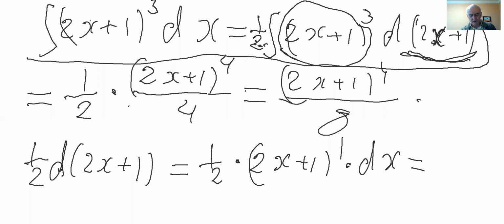The derivative of 2x plus 1 is just 2. And 2 times 1 over 2 is 1. So I have here dx. Do you agree? Yes.